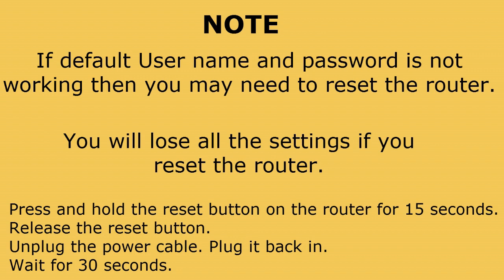Now if you are installing this router for the first time, then let's reset it. Press and hold the reset button on the router for at least 15 seconds. Release the reset button. Then unplug the power cable to the router. Plug it back in and wait for 30 seconds. This will reset the router and it will accept the default password admin.